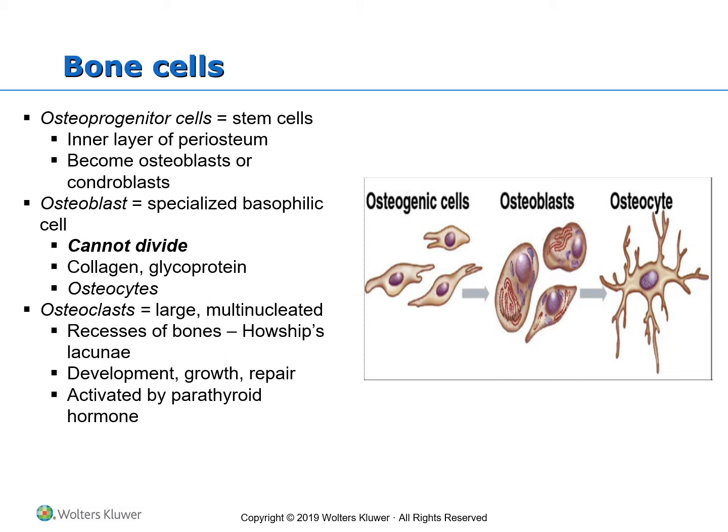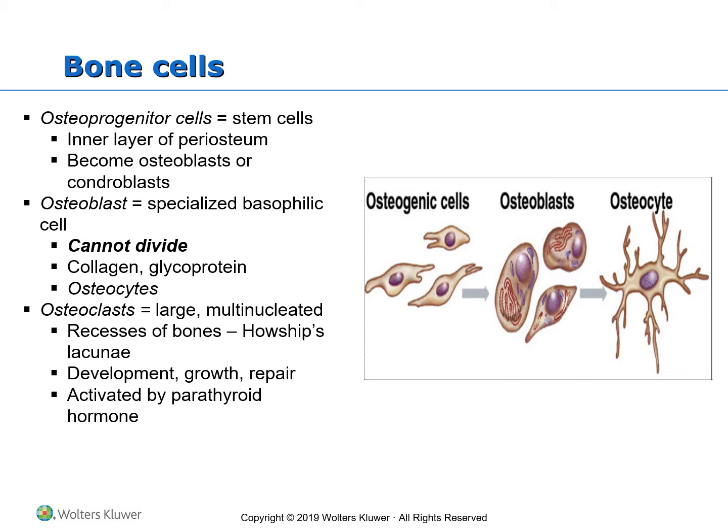Osteoblasts cannot divide anymore, and they will secrete a lot of collagen and glycoprotein that will make up the matrix of the bone. And when they become old, they will transform into osteocytes.